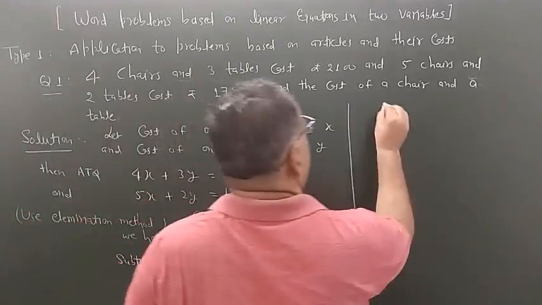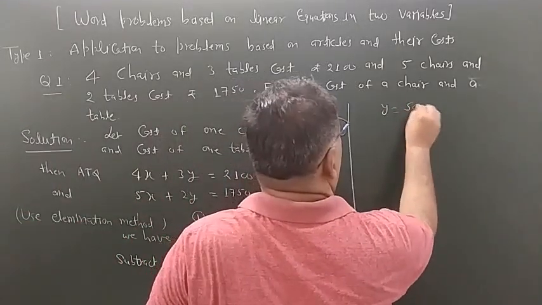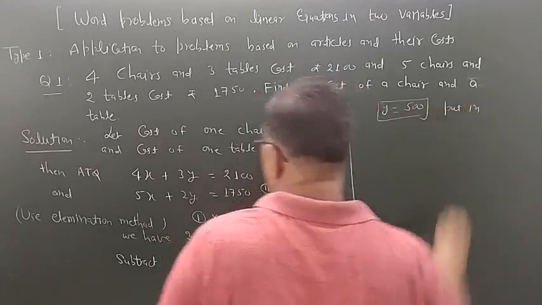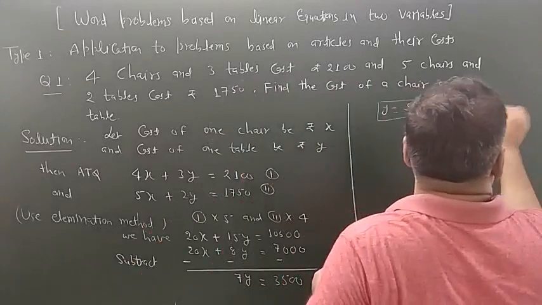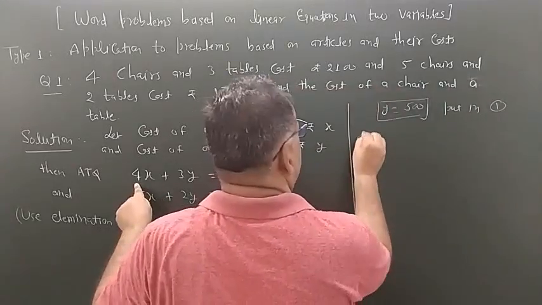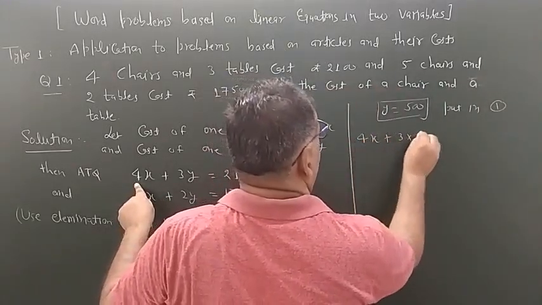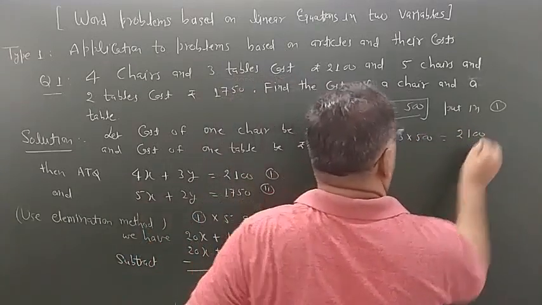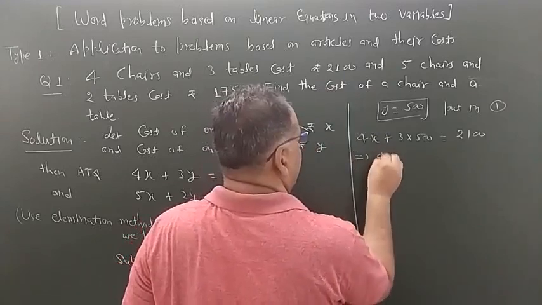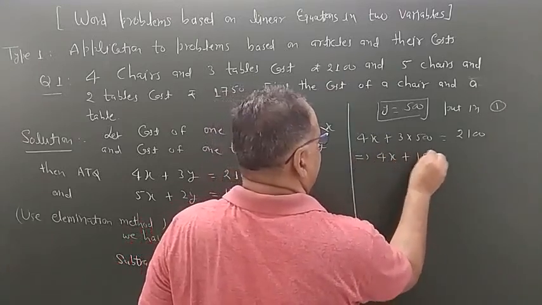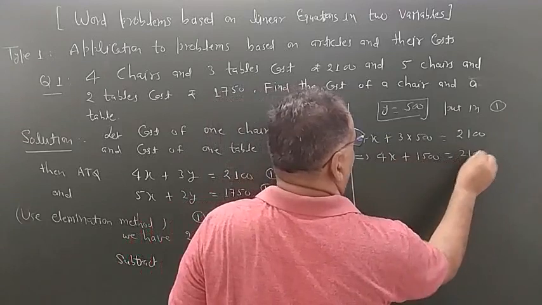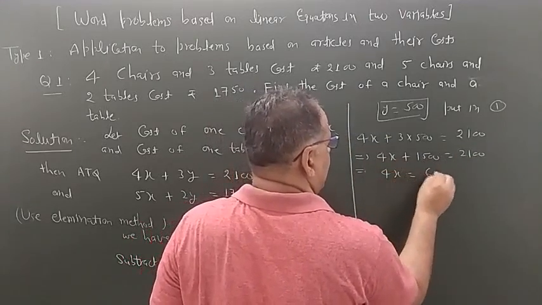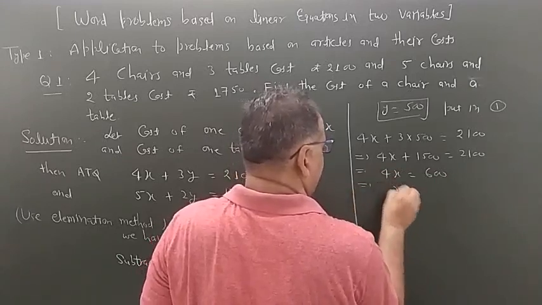So now we have y equal to 500. Put in any one equation, first or second. So put in the first now. So we have 4x plus 3 into 500 is equal to 2100. After simplifying, we have 4x plus 1500 equal to 2100, 4x equal to 600, x equal to 150.